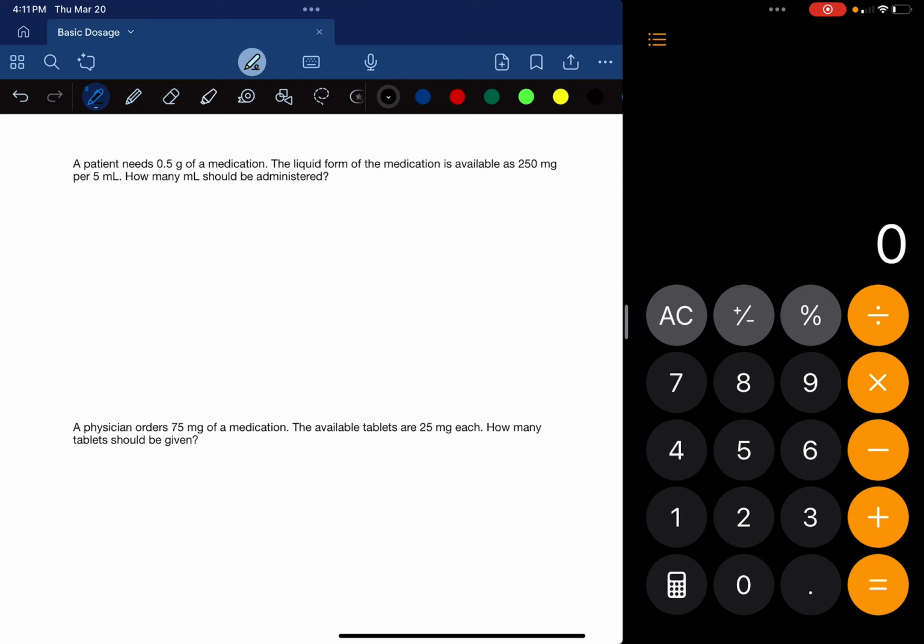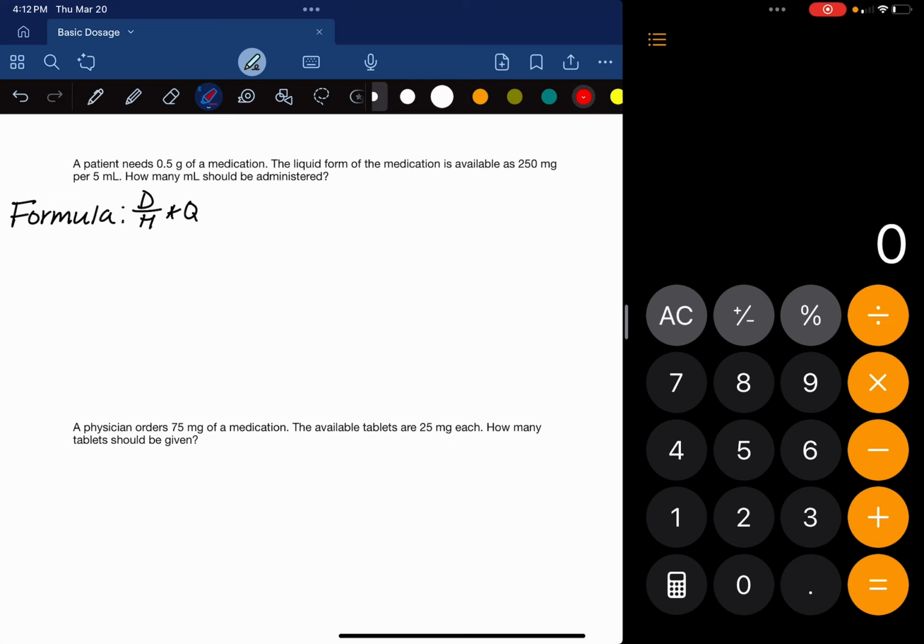The liquid form of the medication is available as 250 milligrams per 5 milliliters. How many milliliters should be administered? All right, so let's go ahead and use our formula. Dose over have times quantity.